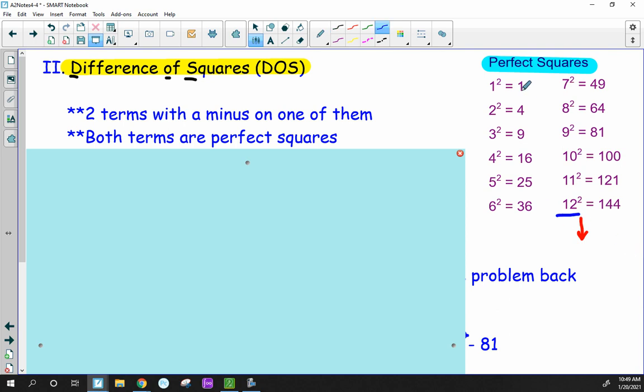Okay, so you need to write down everything in your notes, and keep in mind these numbers are the ones you really are going to be paying attention to. These are the ones you're going to be looking for. So numbers that will appear in DOS problems are 1 and 4, 9, 16, 25, 36, 49, 64, 81, 100, 121, 144, and so on.